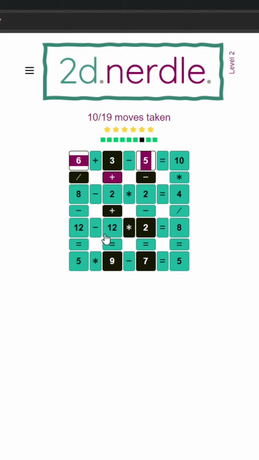We can do this chunk, I think. It needs to equal 8. We have a 12 minus something. 12 divided by 3. Nice.